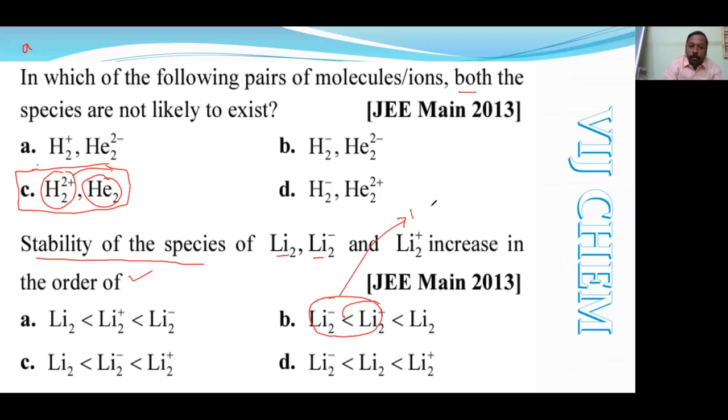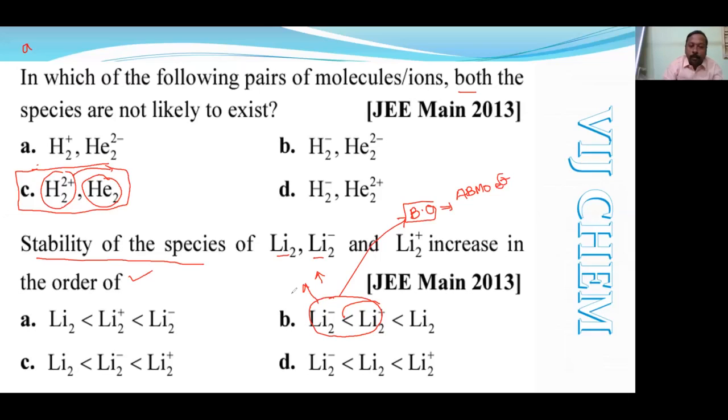So people don't know what to do when bond order is same. Then in our one shot lecture also, at the last, it is explained that when bond order is same, then you have to solve with respect to anti-bonding molecular orbital electrons. Okay. So here in Li2 minus, the number of anti-bonding electrons is more, therefore it is less stable.